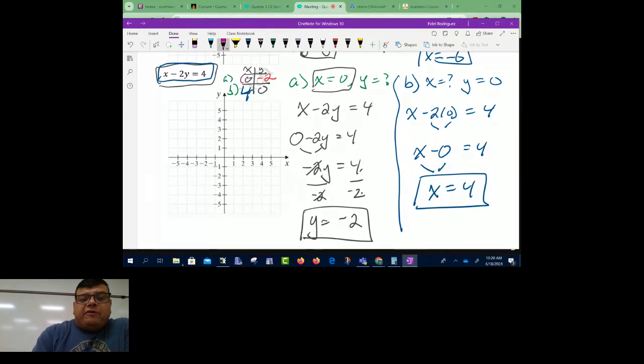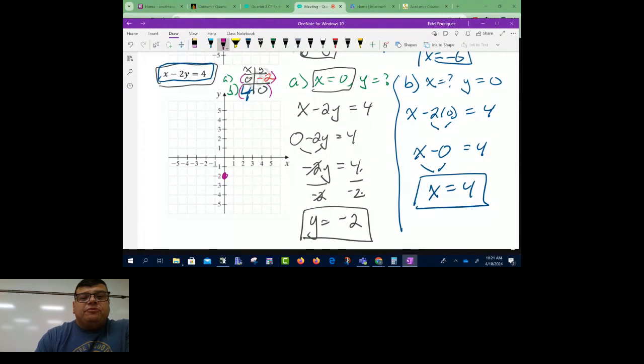So look, y'all, here's my first point, 0 and negative 2. Remember, the first number tells me how to go to the left and right. Since it's 0, I'm not moving to the left or the right, but I am going to come down here to a minus 2. My second point is the point 4 and 0. The first number tells me, hey, let's move to the right 4.